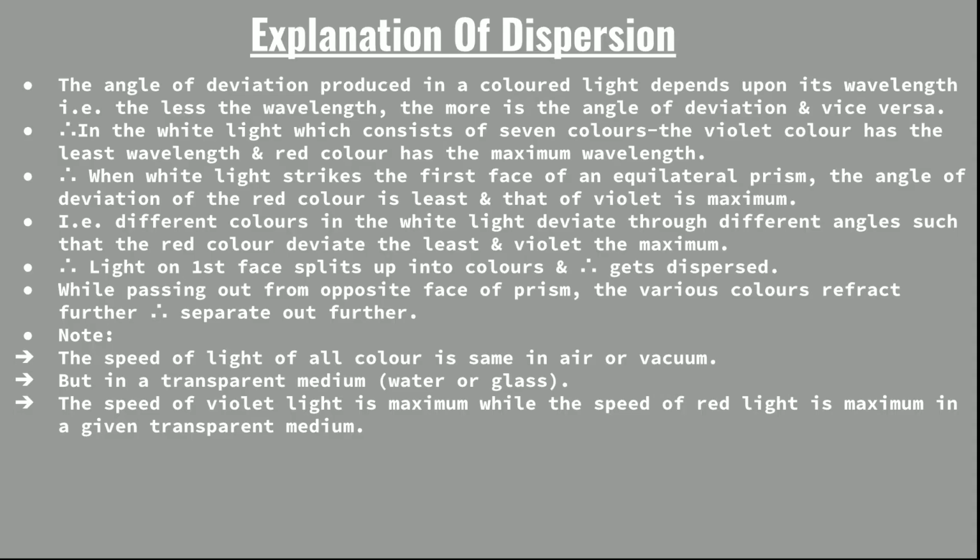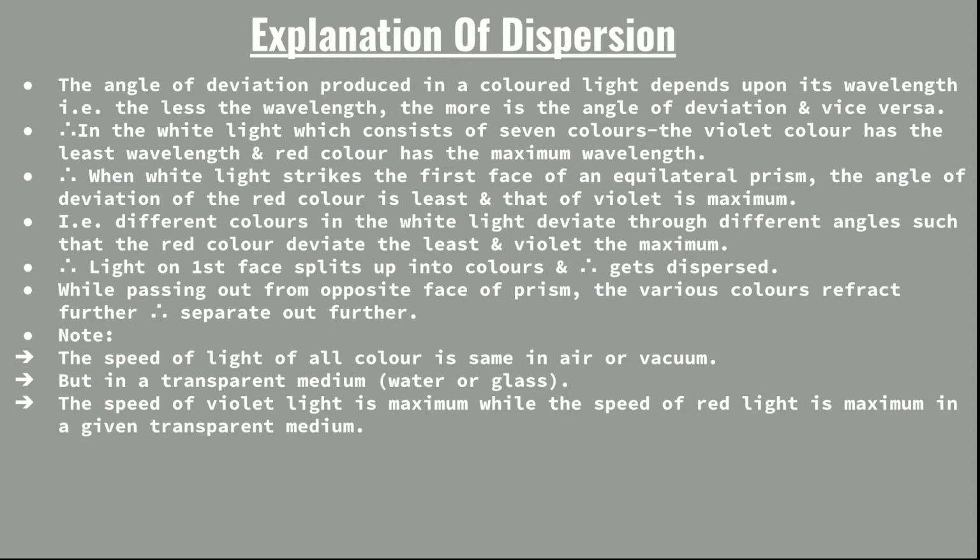Now, how did this dispersion occur? The angle of deviation produced in the colored light depends upon its wavelength. The less the wavelength, the more the angle of deviation, and vice versa. In white light, which consists of 7 colors, the violet color has the least wavelength and the red color has the maximum wavelength.